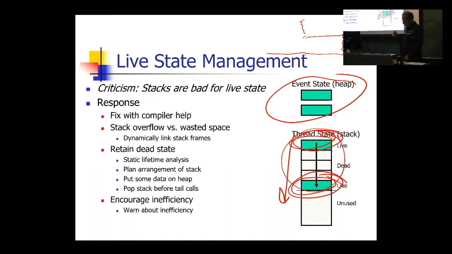So what can we do about that? Well, the idea is we should really fix the compiler to be smarter about this. We should do better analysis of the variable usage by the compiler to identify what would be dead at various points within the function, so that if we get to the point where we're suspended, this dead state is down on the lower part of the stack, and the live state is basically at the top of the stack, so we can shrink the stack to only really contain the stuff that we still need in the future.